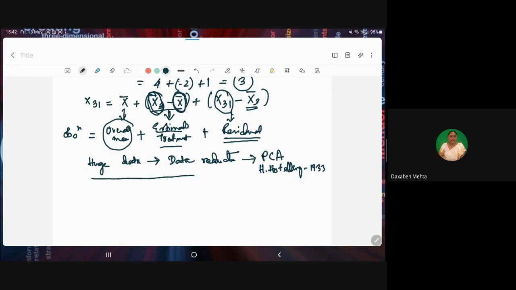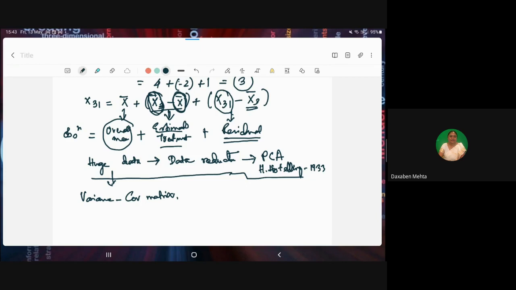This is the basis behind PCA. So with a big data set, you get a huge variance covariance matrix, because I already told you how the variance covariance matrix is constructed.